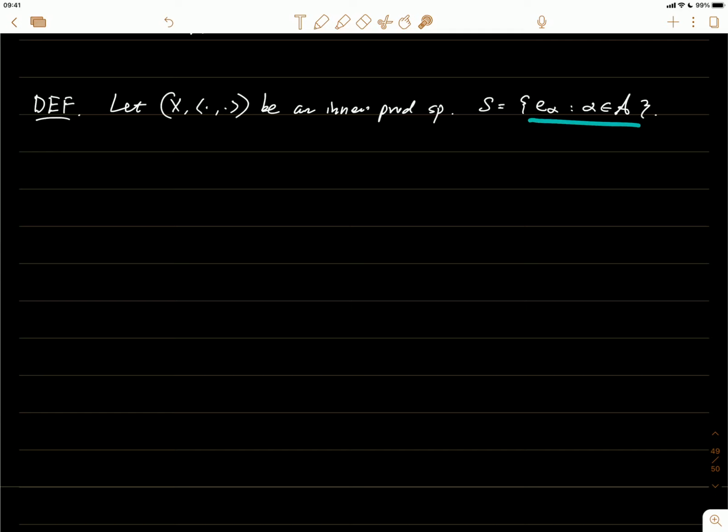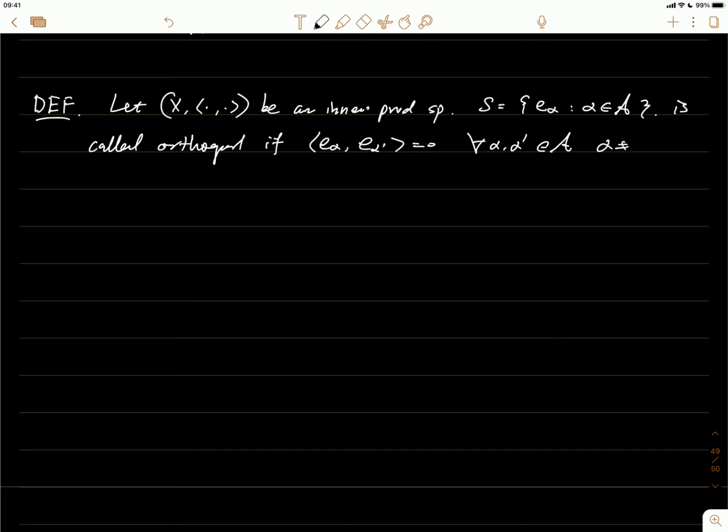Anyway, we have a bunch of these vectors. Then we call S orthogonal if the inner product of E alpha with any other E alpha prime is equal to 0, for any alpha prime in A with alpha not equal to alpha prime.